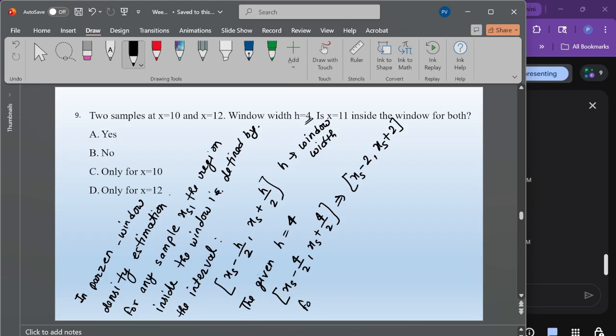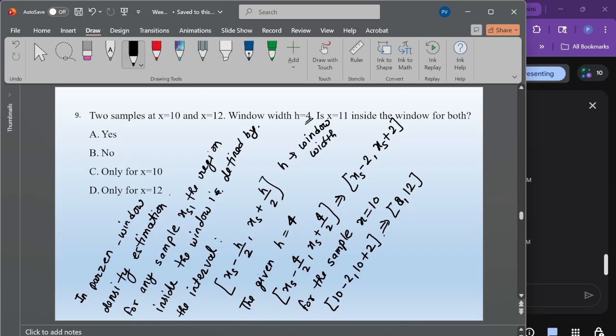So for the sample x is equal to 10, first we need to calculate for this sample. So if xs is equal to 10, then 10 minus 2 and 10 plus 2. What will be the interval? 8 and 12, right?